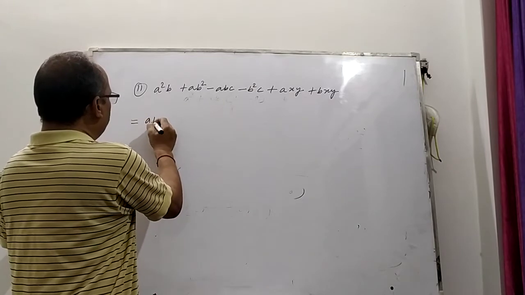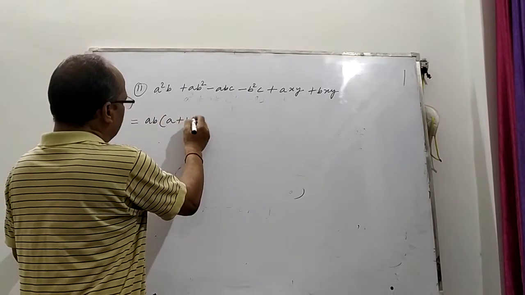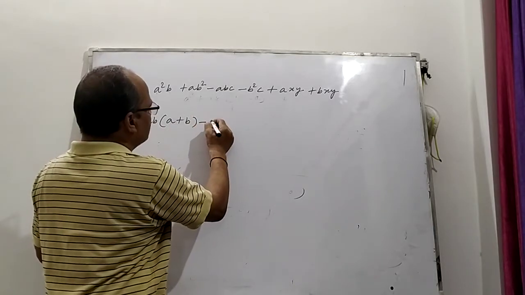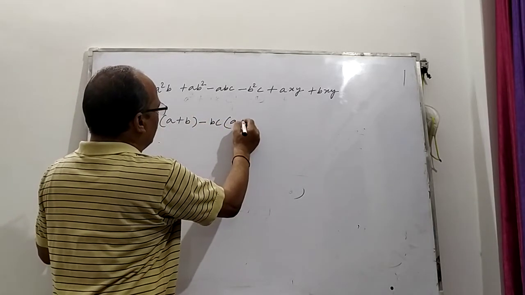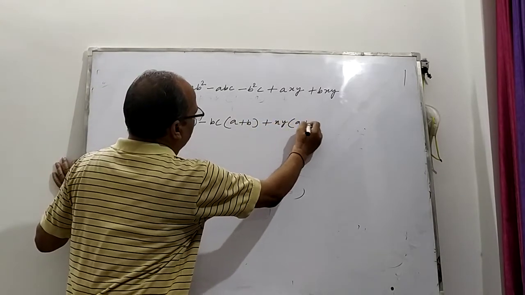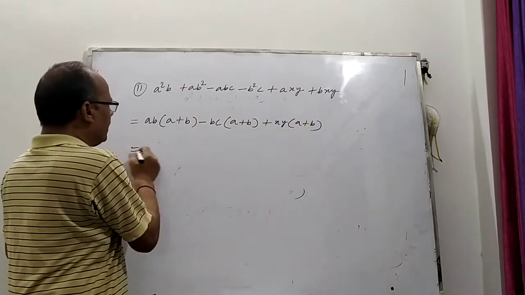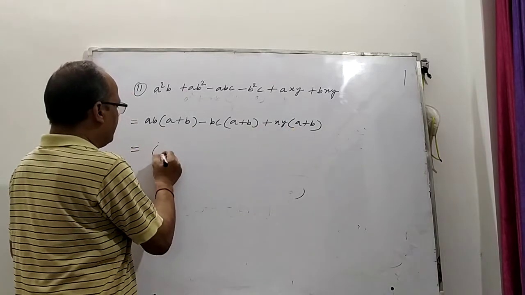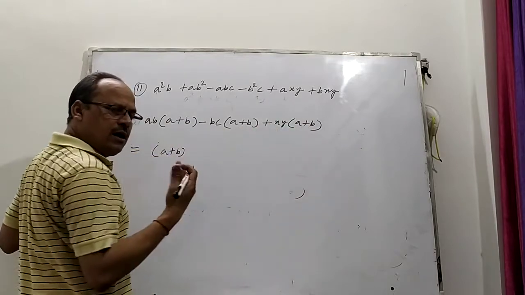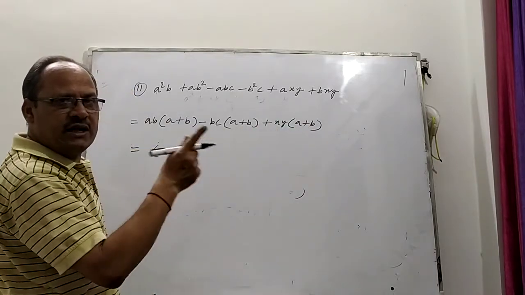Here ab(a + b) − bc(a + b) + xy(a + b). What will be common from all? (a + b). This is what we have to take care of. If this comes the same, it means it is arranged in the proper way.